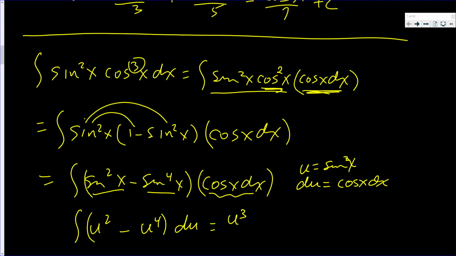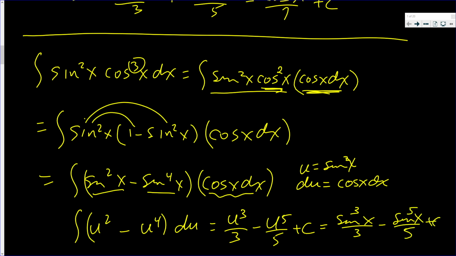So we get u cubed over 3 minus u to the 5th over 5 plus c. But u is really sine x. So I get sine cubed x over 3 minus sine to the 5th x over 5, plus an arbitrary constant.